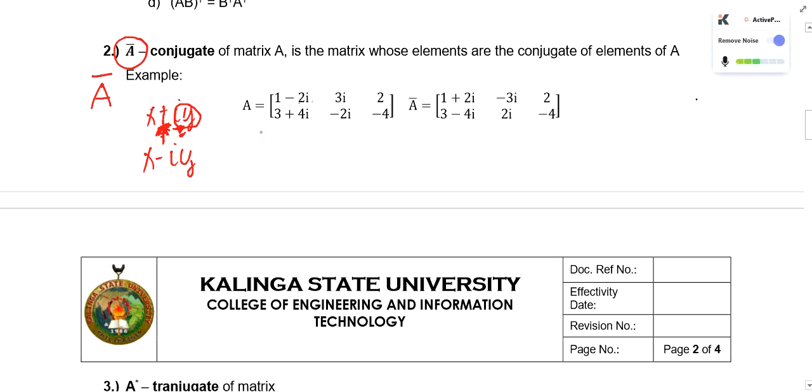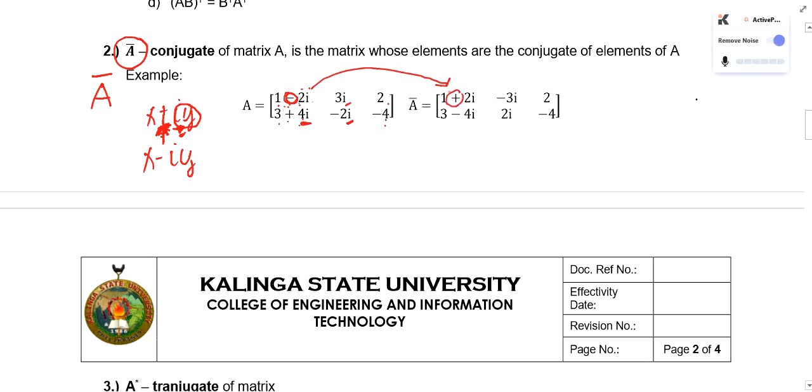So we have here an example, the matrix A. So 1 minus 2i is a complex number. And 3 plus 4i complex number, may complex number din tayo 4i, 3i, 2i. Yung 2 and negative 4, wala tayong complex numbers. Magiging conjugate ng matrix A natin, yung may complex numbers, yung sign natin is opposite. So yung 1 minus 2i, pag pinuha mo yung conjugate element ng matrix na ito, magiging 1 plus 2i.